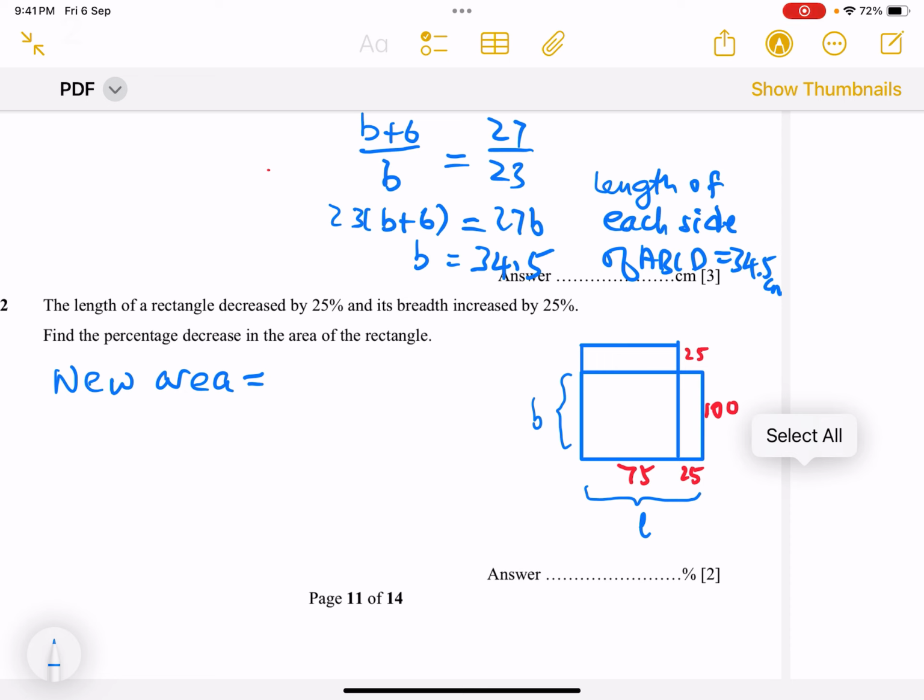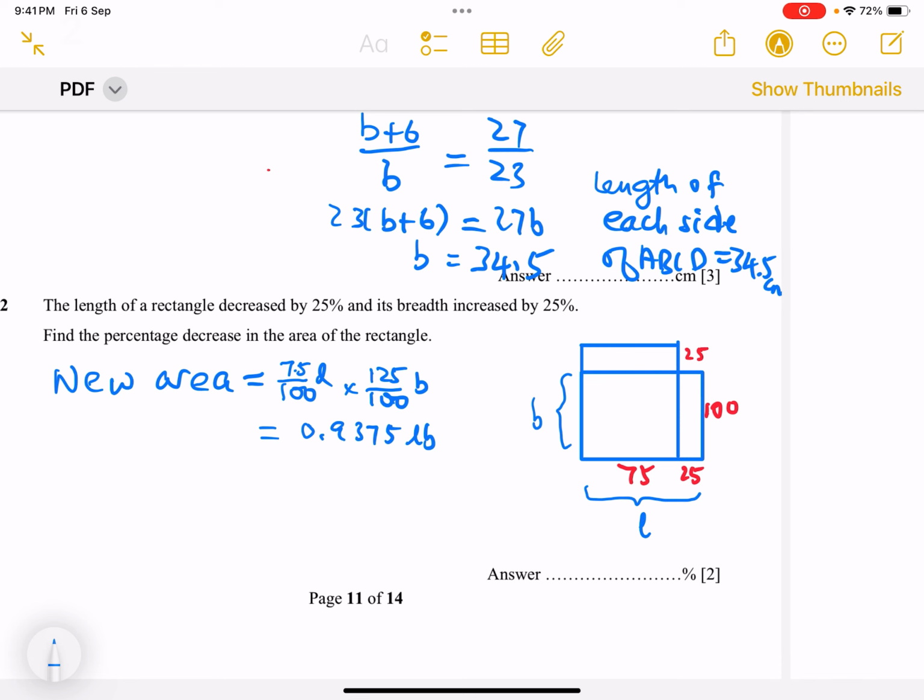So therefore, the new area is now 75% of L times 125% of the breadth, and that works out to be 0.9375 of length times breadth.